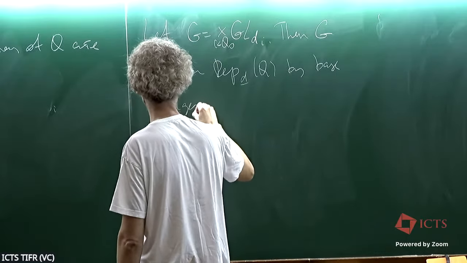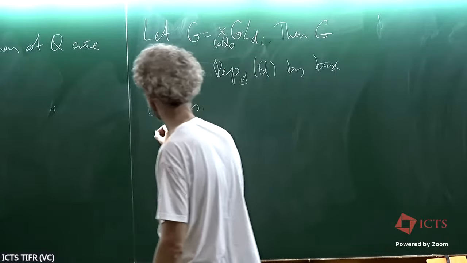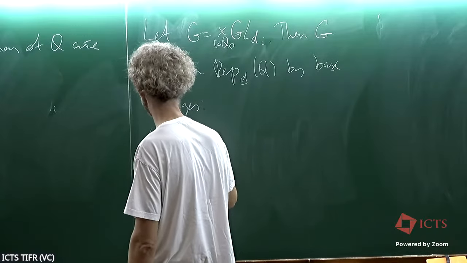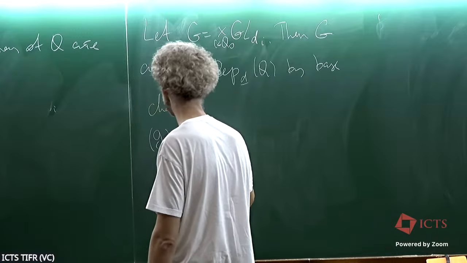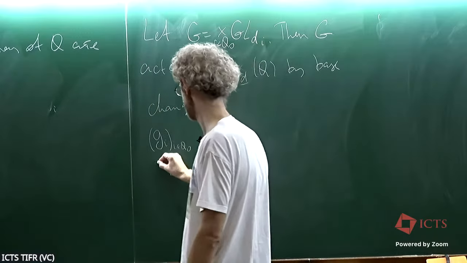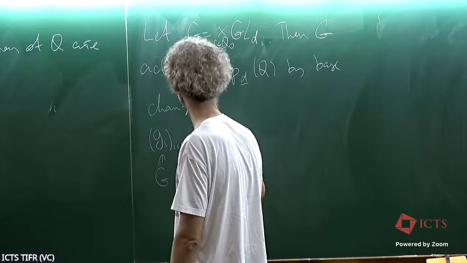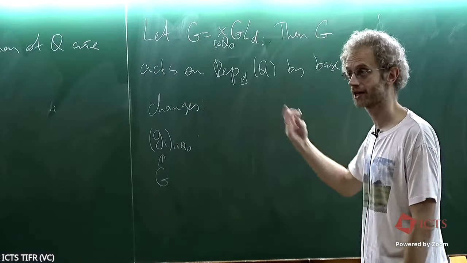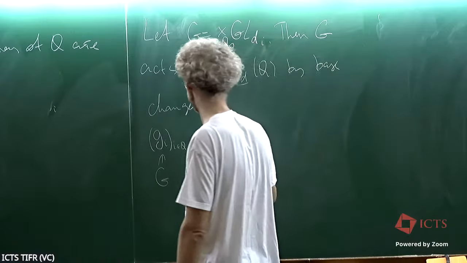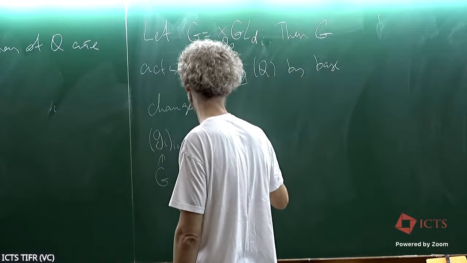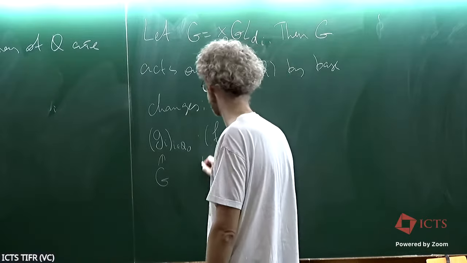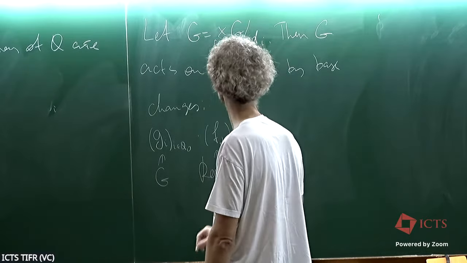Suppose we have g, a collection of g_i over i from Q_0, an element in G. We also have an element in our representation space, which is a collection of linear maps f_alpha, alpha from Q_1.